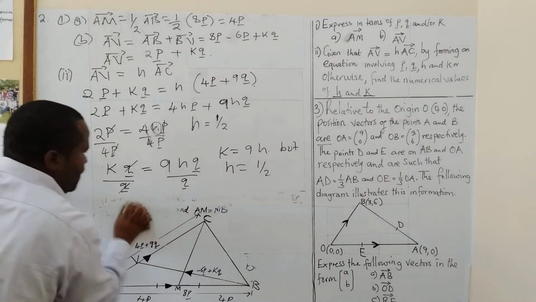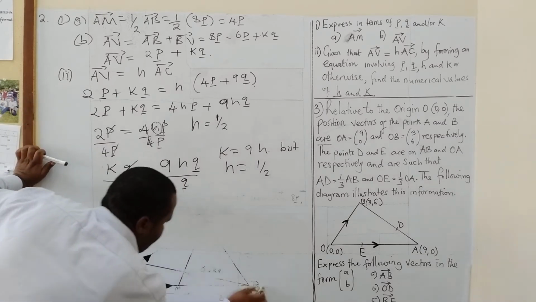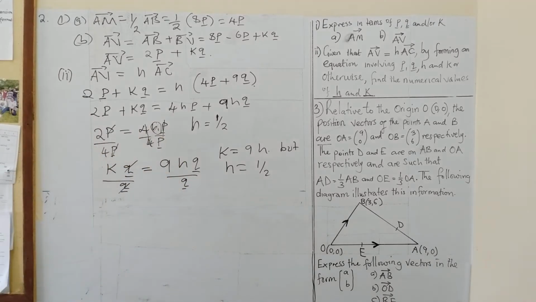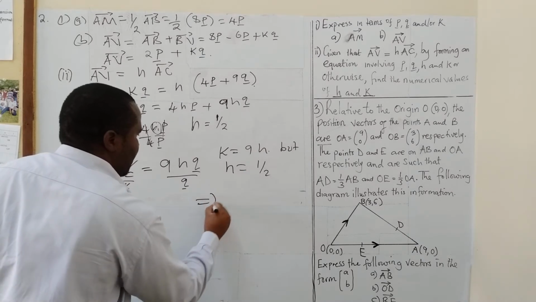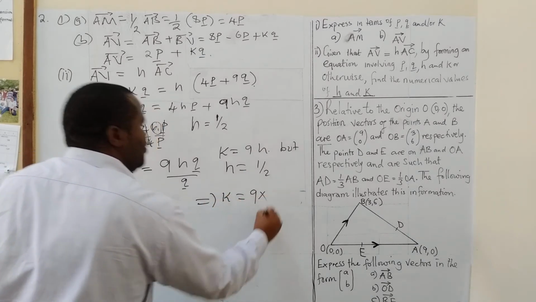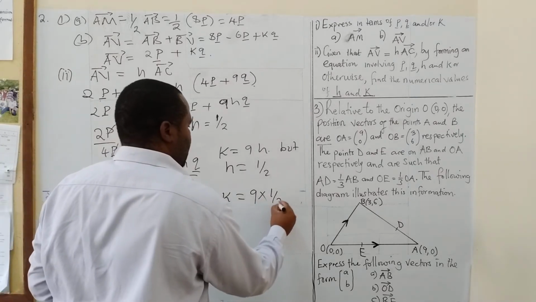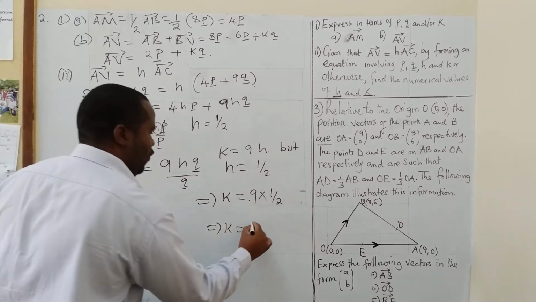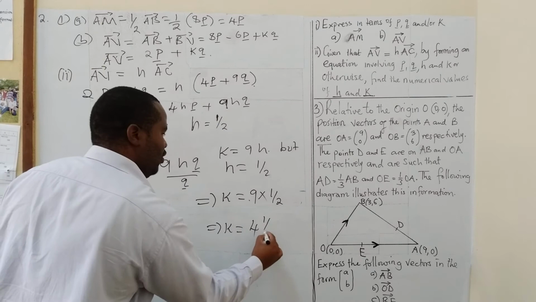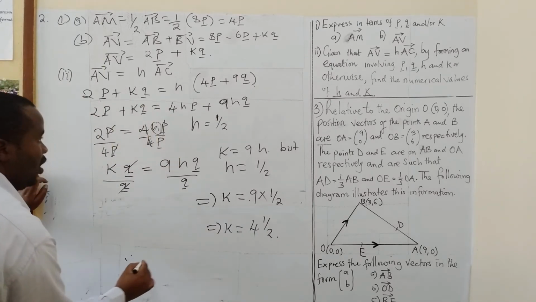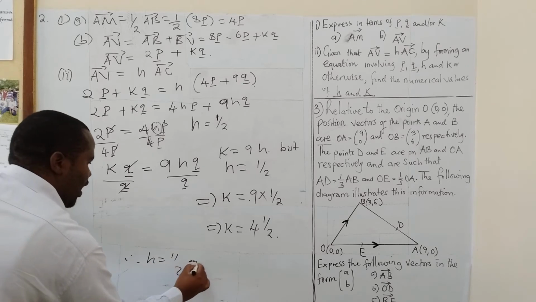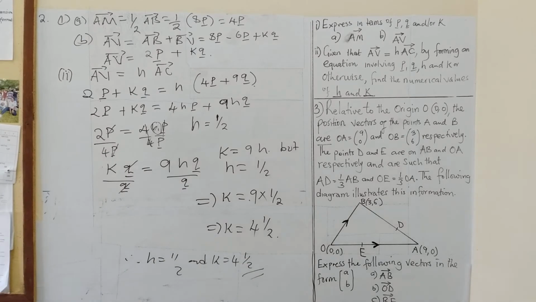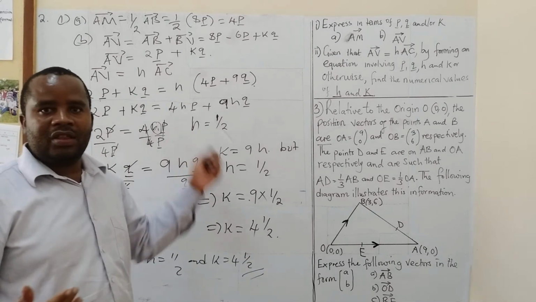So we do the substitution. This implies that our K will be equal to 9 times our H, which is 1 over 2. So our K will be equal to 2 into 9, 4. What's the remainder? 1 over 2. Then we are done. So therefore, H is half and K is 4 and 1 over 2. Question 2 is done. So basically that's how you get these things. Let's go to the third one.